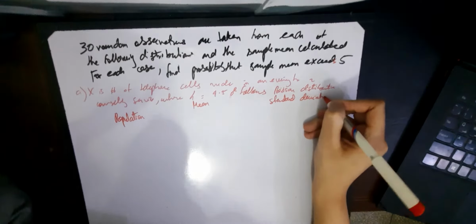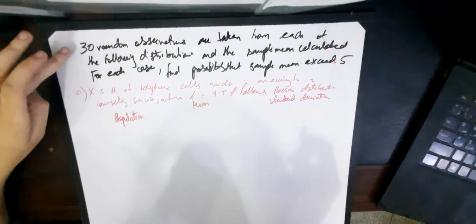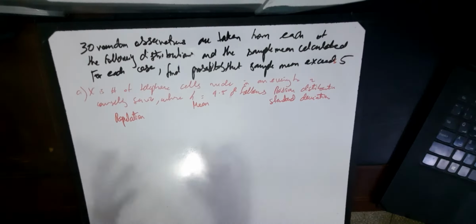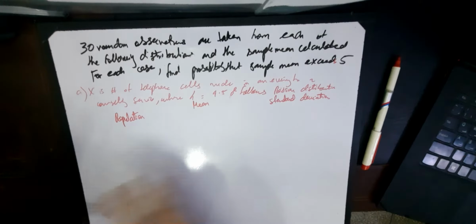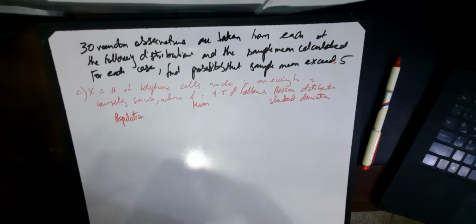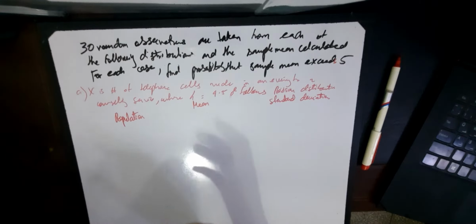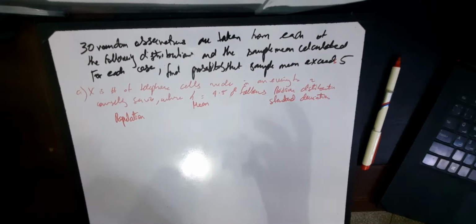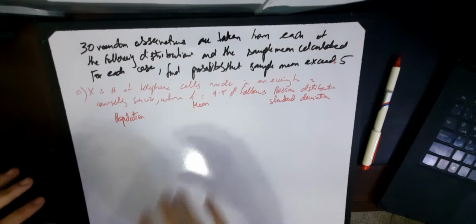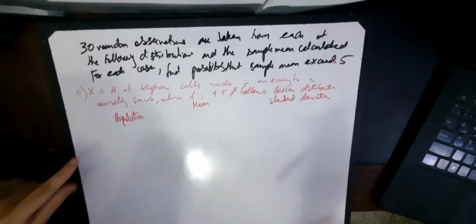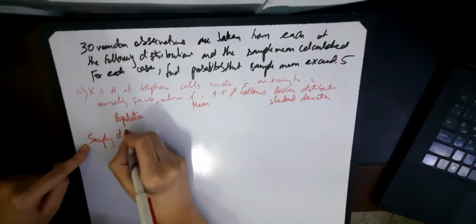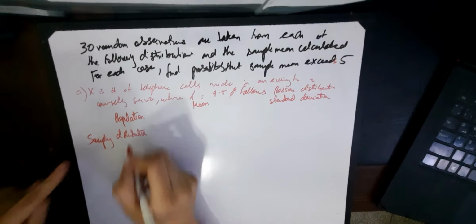What the question is basically asking is that I am taking 30 random observations, okay, and these 30 random observations can have a distribution of itself. I can take different combinations of these 30 observations, these 30 random pickings from this population, and that distribution would be the sampling distribution of sample means basically.